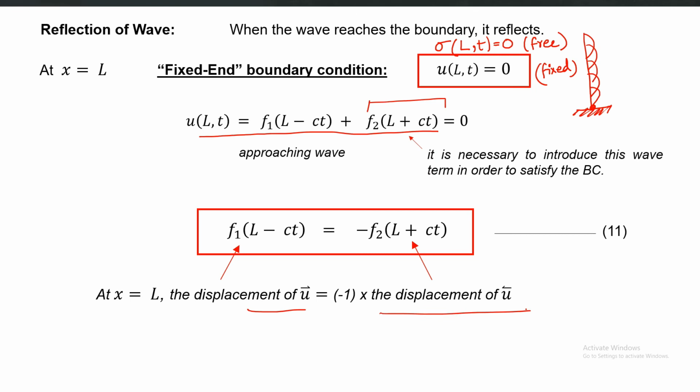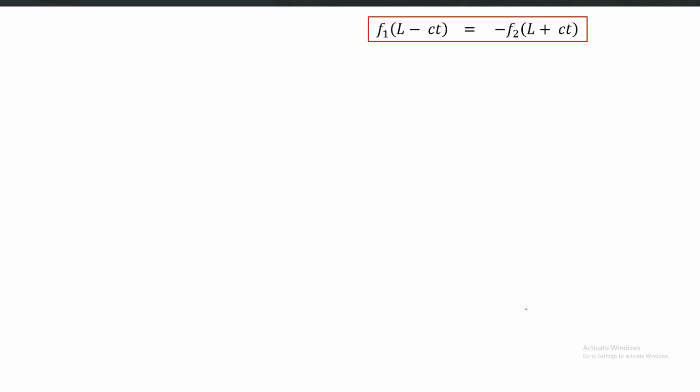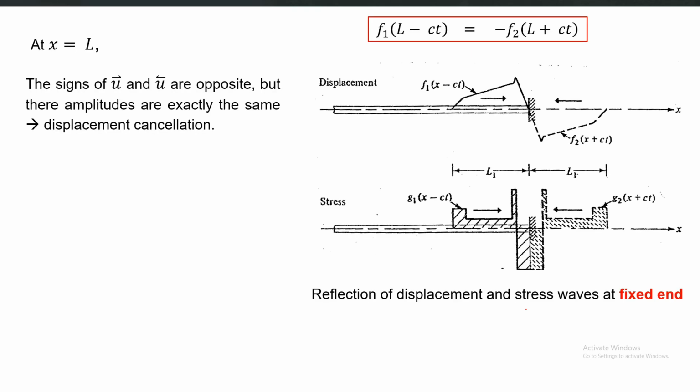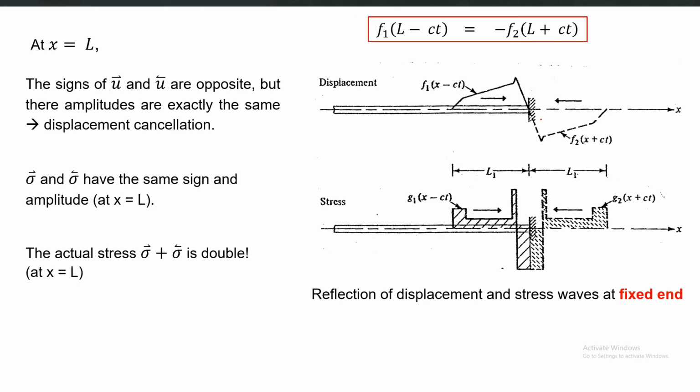When you have the fixed boundary condition, the reflected wave changes its direction. If you give an incident wave or approaching wave towards the right hand side, the resulting wave, the reflecting wave, will be towards the left hand side. So in this case where you have a fixed boundary condition, if the displacement shape is like this, any shape, at the fixed end you should have another hypothetical function f2.